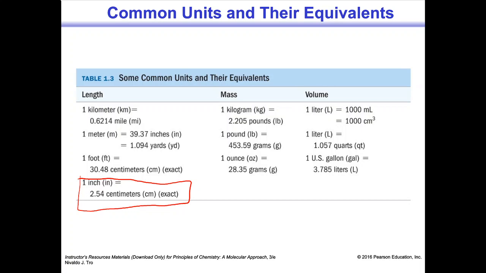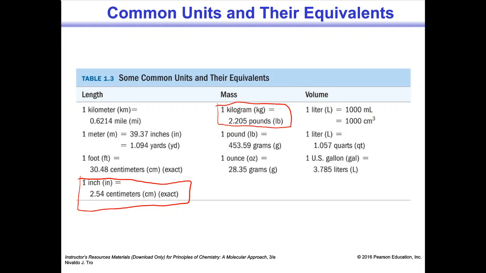Now for masses and volume, it's not quite so easy. There's not a super easy system for that. The best one I think to remember is this basic one here: go from kilogram to pound. Just remember that 1 kilogram is roughly 2.2 pounds, and you're pretty much good to go. Then you'll have to convert from pounds to ounces and all that stuff on your own.